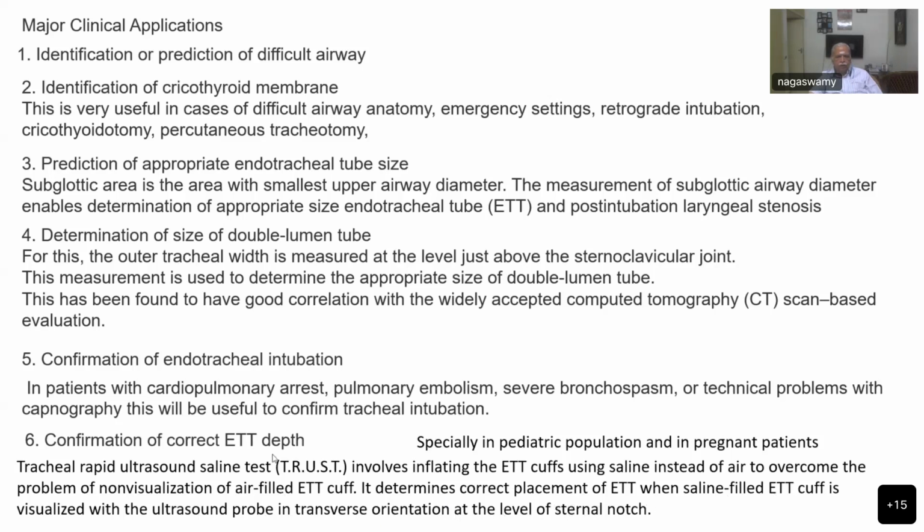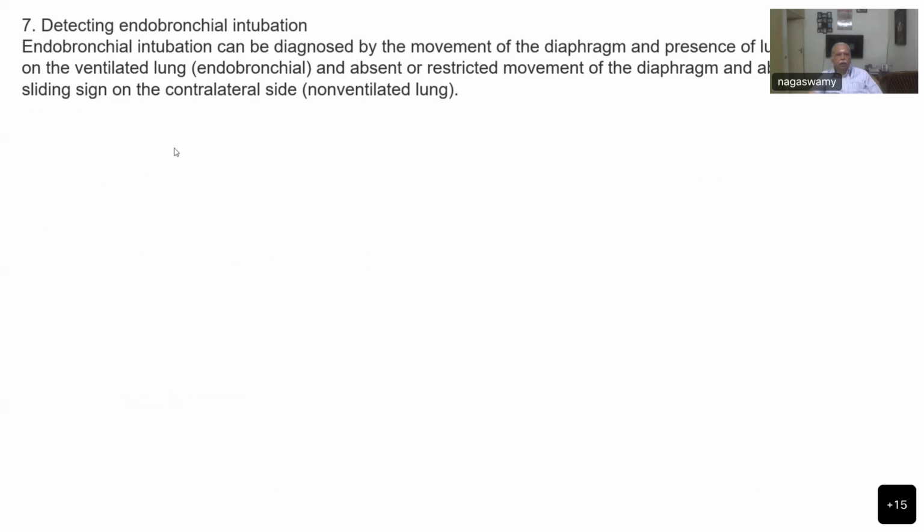So this is one of the things, the tracheal rapid ultrasound saline test. It's useful for assessing the depth of the endotracheal tube and detecting endobronchial intubation. As she rightly said, you can see the lung sliding sign on the ventilated side and no lung sliding on the unventilated side. So you have to look for the lung movement for that.